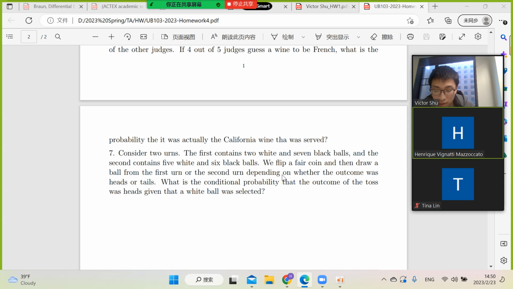Then we're going to transform the numerator part, the probability of tossing a head intersection choosing a white ball.